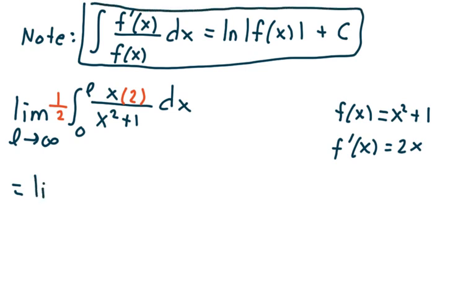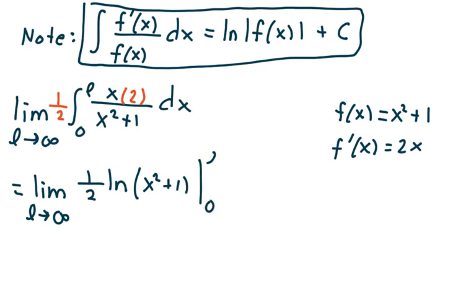So watch this. This is the limit as L goes to infinity of 1/2 natural log of x squared plus 1, evaluated from 0 to L. I don't need absolute values because x squared plus 1 has no chance to be negative.